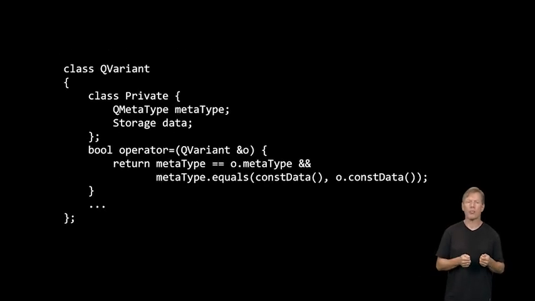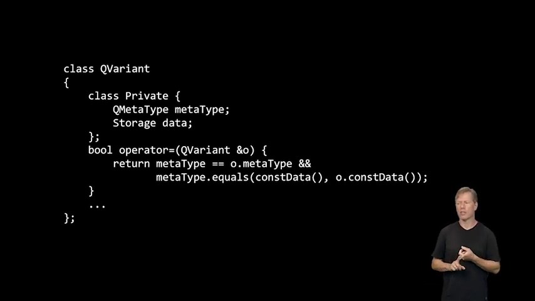QVariant is then built completely on top of QMetaType. It doesn't really have logic of its own anymore. It just contains a QMetaType and space to store the data. And what it does basically for all its operations is refer those to QMetaType.